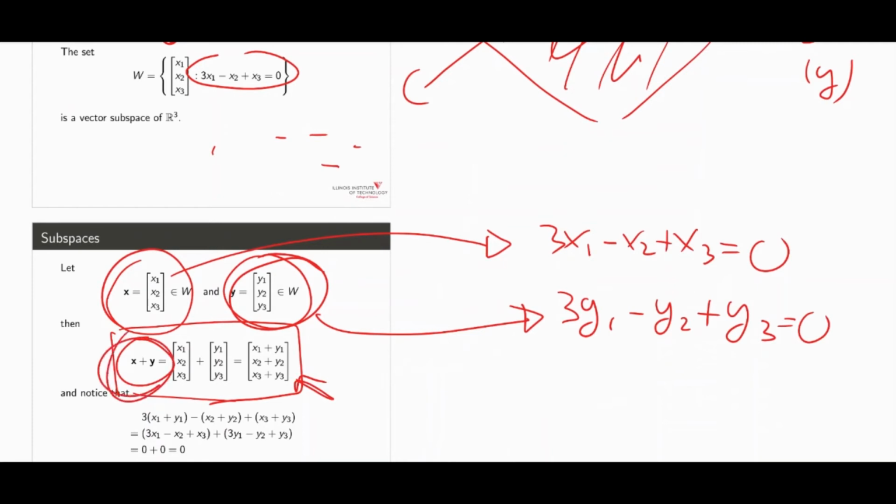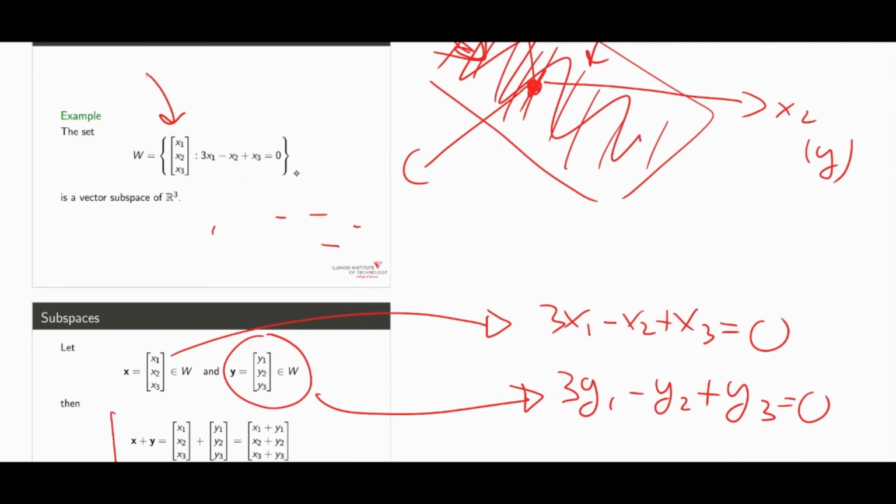So how do you know that adding these two vectors will still be an element in W? How do you know U plus V will still be in W? In order to be in W, we have to make sure that 3 times this minus this plus this is equal to 0. So we have to verify that. If you can't understand this, I'm not insulting your intelligence here, but this is to help you understand better.